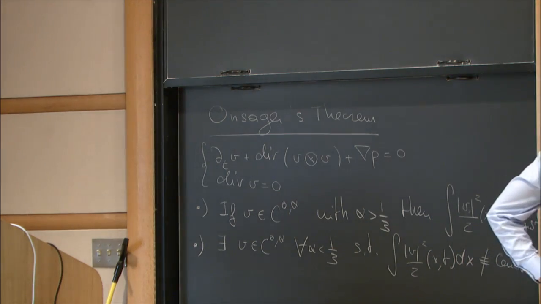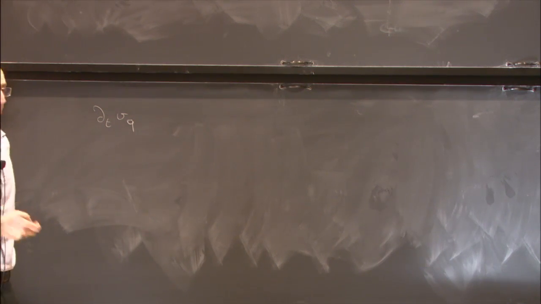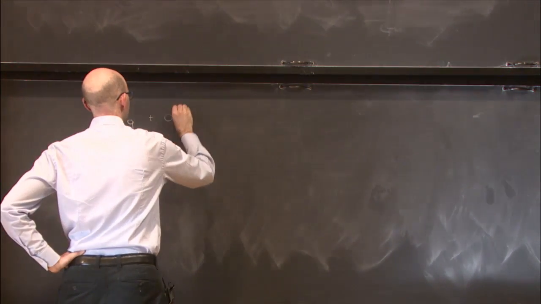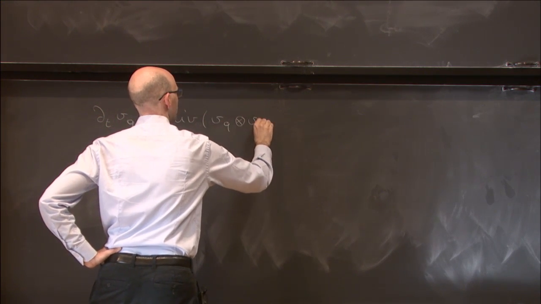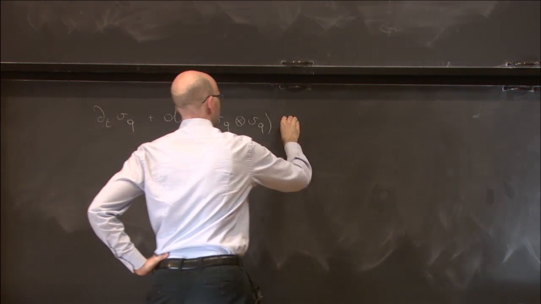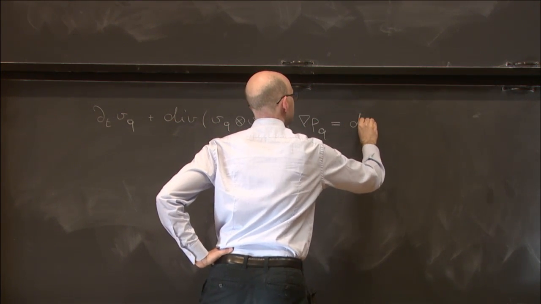Therefore, first of all, I want to measure in some sense what it means to be an approximate solution of the Euler equations. For this reason I'm introducing this system of partial differential equations, which in our paper we call Euler-Reynolds systems.